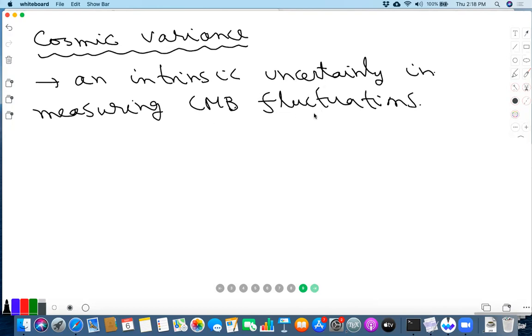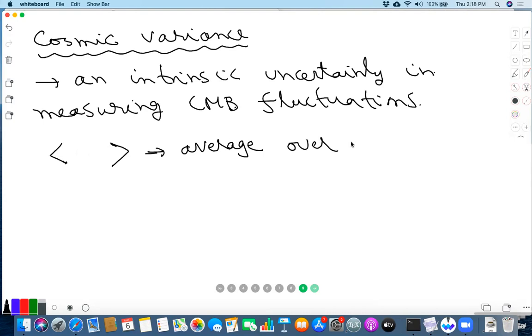And the uncertainty basically comes from the following observation. You see, you have been talking about this quantity, right? Okay, this is what we computed from quantum theory, and this is what we are now relating to what we observed in classical theory. So this was supposed to be an average over many universes. Okay? That's the correct interpretation of this.